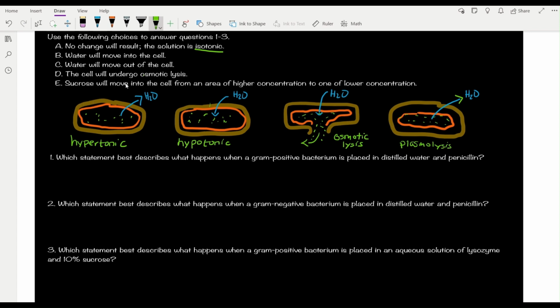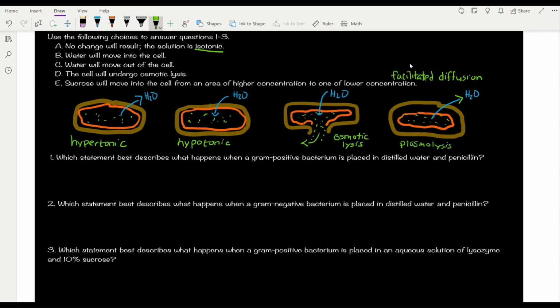We have E, sucrose will move into the cell from an area of higher concentration to one of lower concentration, and that is facilitated diffusion. Now there are 2 types. We have the facilitated diffusion with proteins called nonspecific transporters, and a facilitated diffusion with proteins called specific transporters.